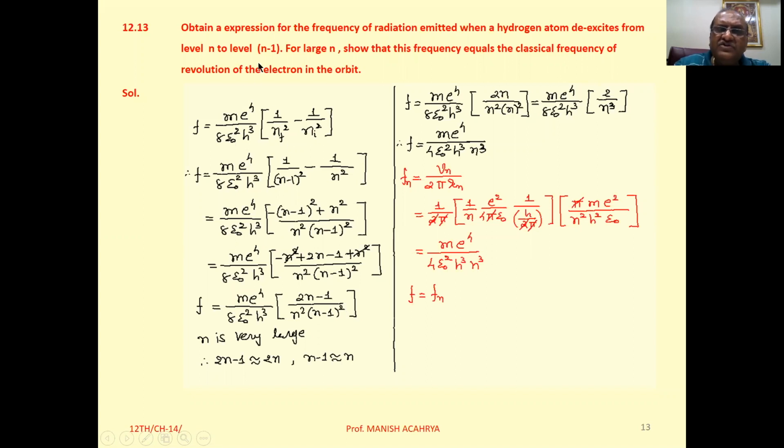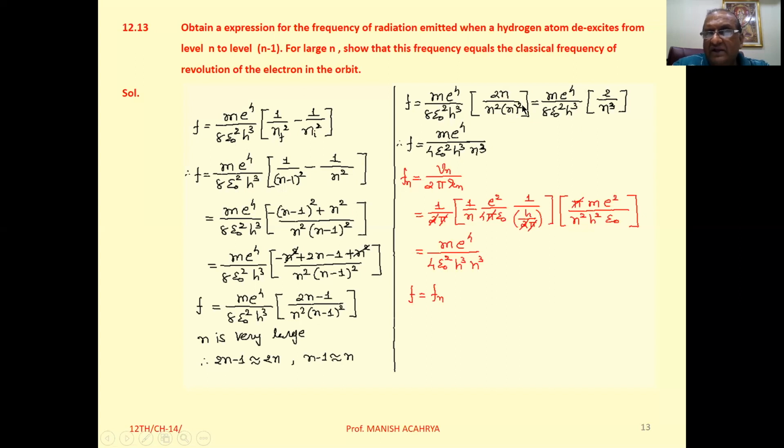Now here in the question it is given to you for large n. So if n is very large, then 2n minus 1 you can write as nearly equal to 2n, and this n minus 1 is nearly equal to n. So now replace this 2n minus 1 by 2n and this n minus 1 by n. So we will get me^4 upon 8 epsilon 0 square h cube into 2n upon n square into n square.